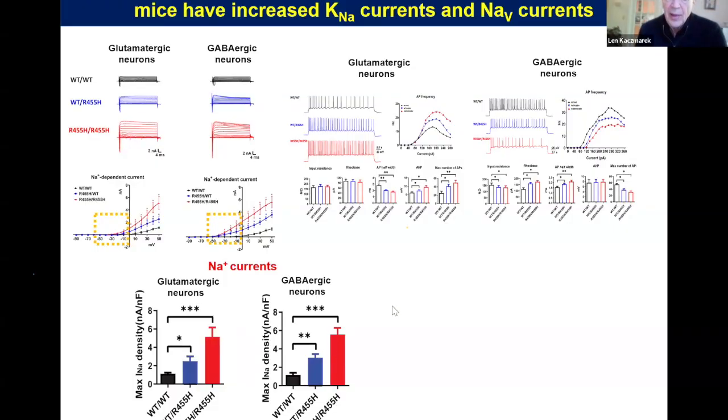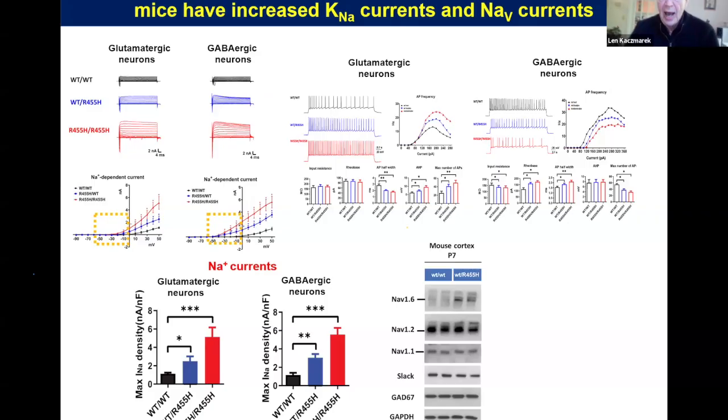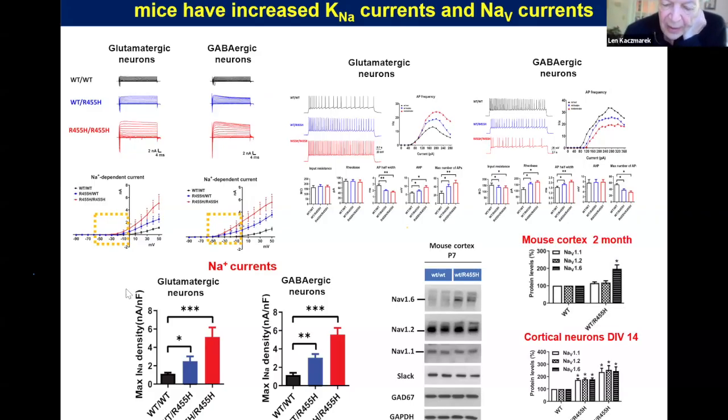And then we can simply do biochemistry and look at the amount of sodium channels that are there. And you can see that simply by having introduced this mutation, in the heterozygous mice here, you have way more of this NaV1.6 sodium channel. We also have a little bit more NaV1.2.